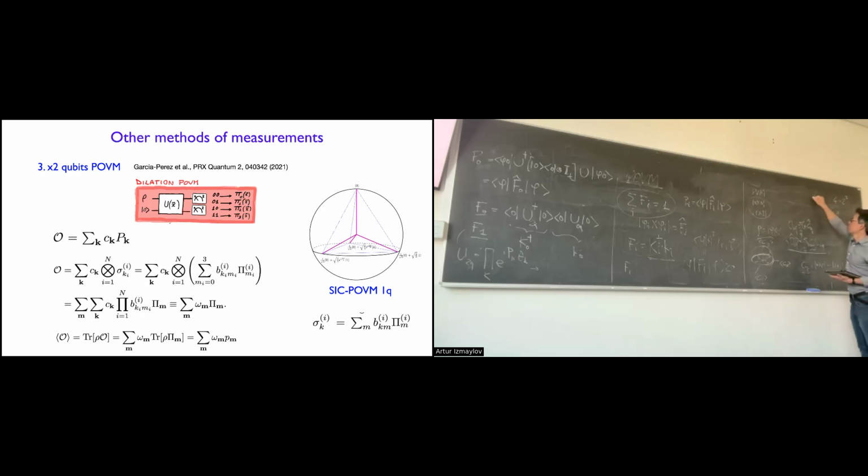Usually if the dimension of the space is d, which for a single qubit is d equals 2, then you need a quadratic number of POVM operators.